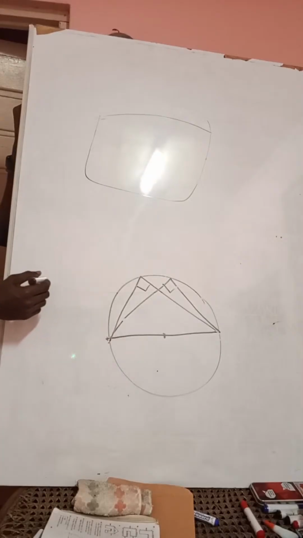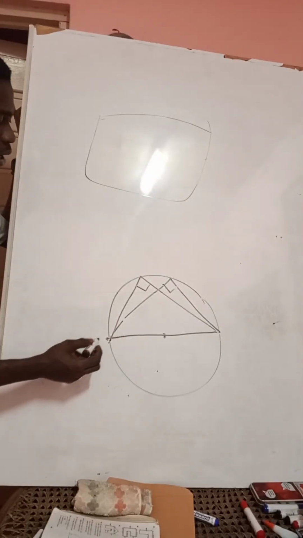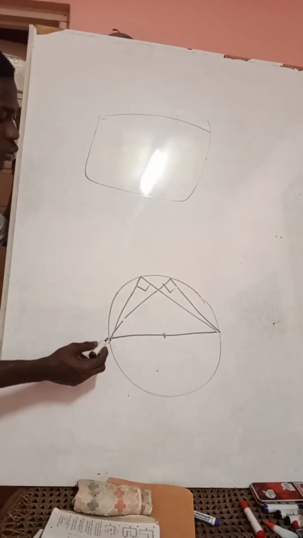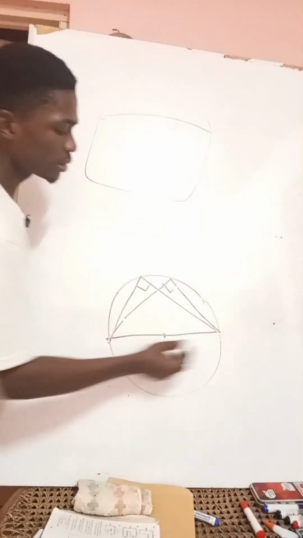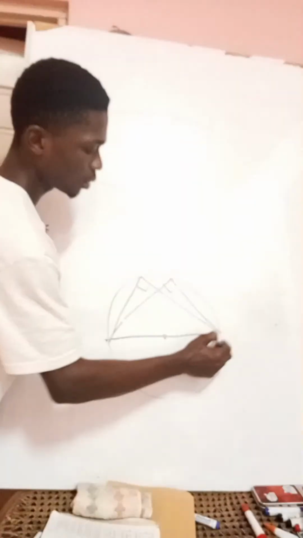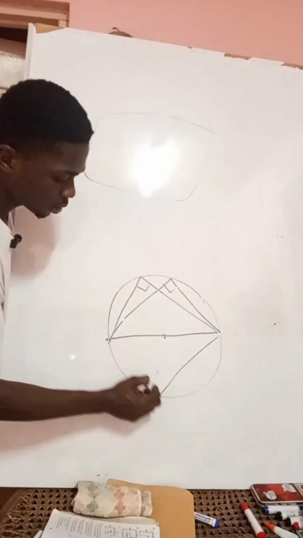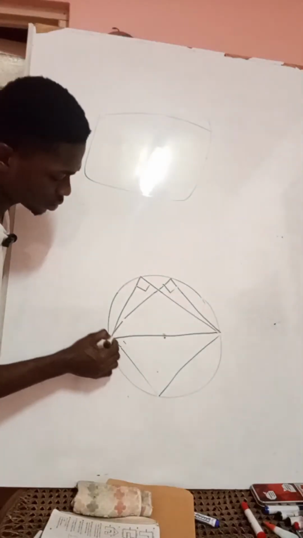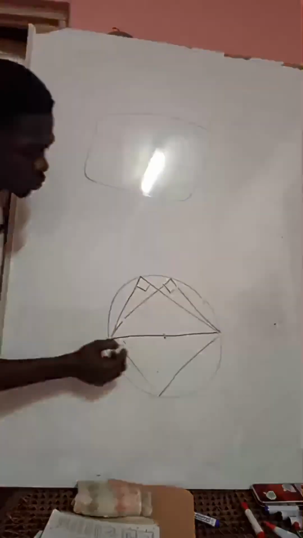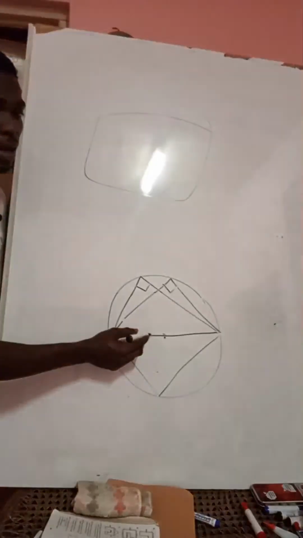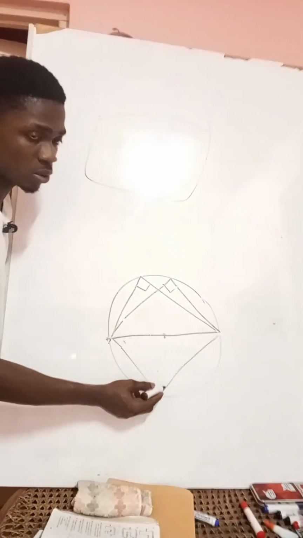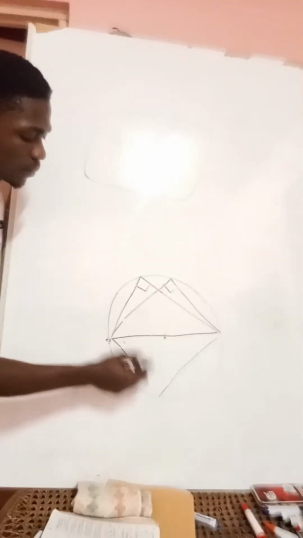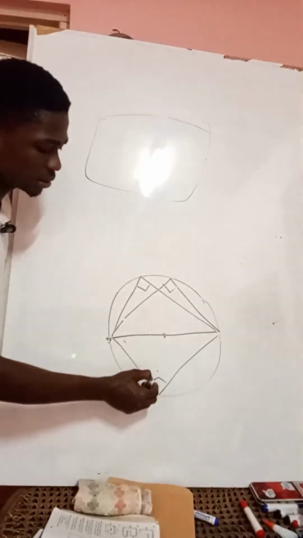In other words, whenever you have two triangles which have the diameter as the base, the angle opposite the diameter will be 90 degrees.